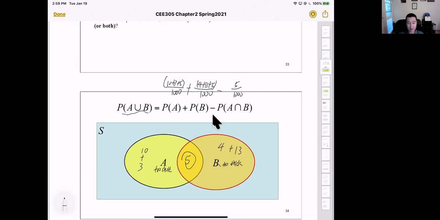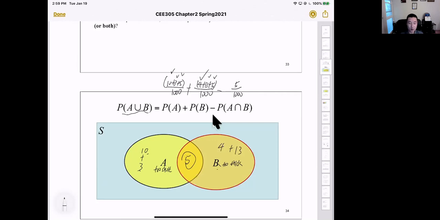And from this diagram, we can see clearly why we need to minus P(A and B). Because for P(A), we add 10, 3, and 5. Okay? And for P(B), we add 4, 13, and 5 again. So we add 5 twice. Okay? This is not fair. It's not right.